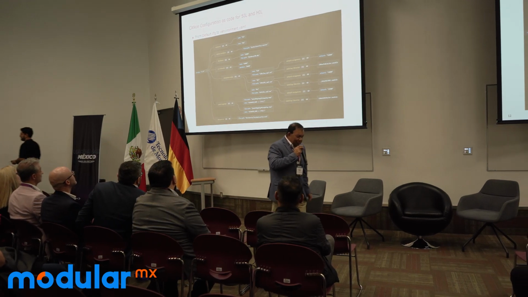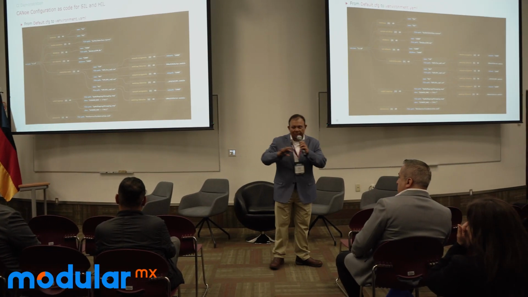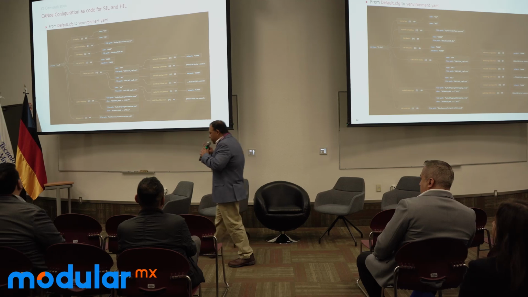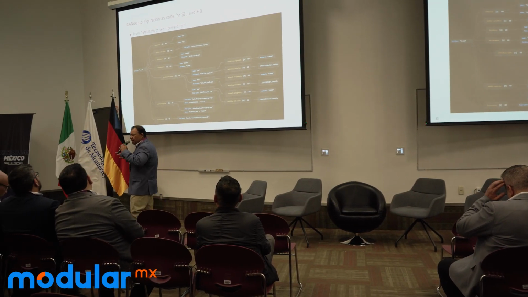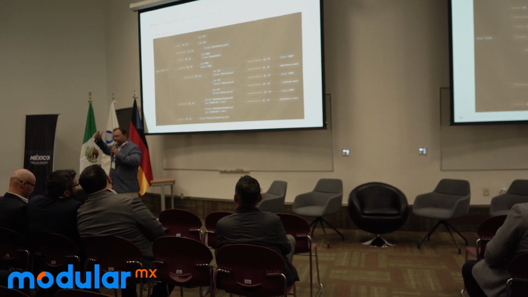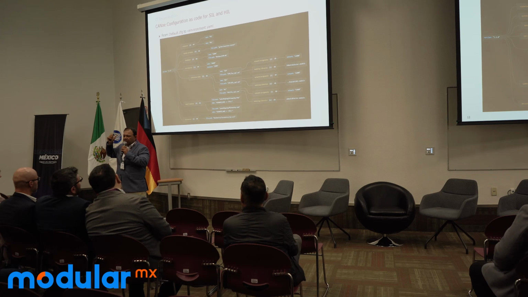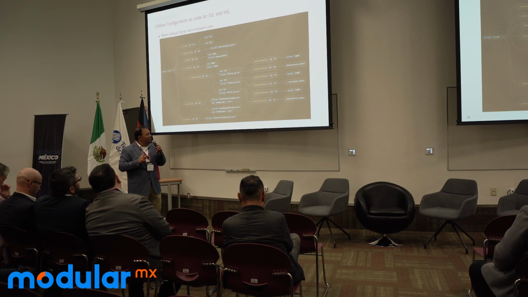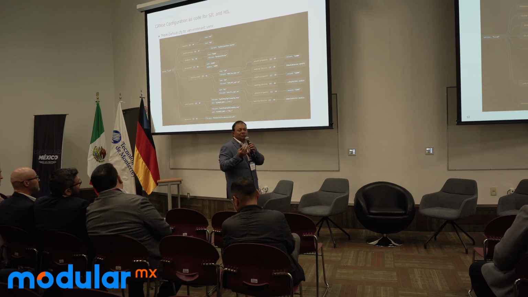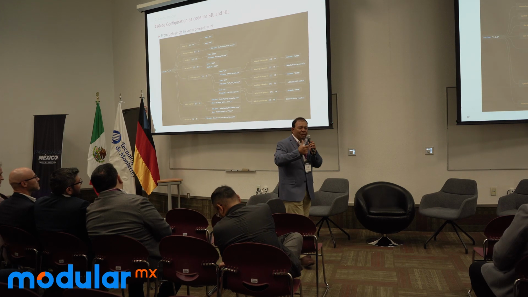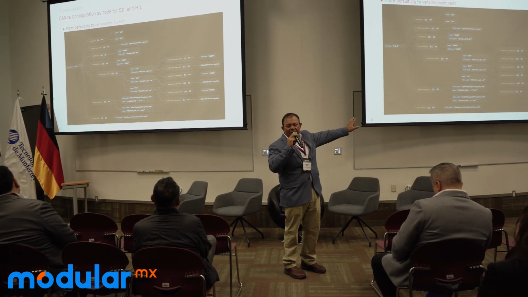Perfect. So I was mentioning before, I will be a little bit technical here, but we're treating everything as code, like I mentioned. So this is the design of a configuration of a simulation treated as code. Why code? It's easier to control, easier to track, easier to compare, and this is a very complex configuration.